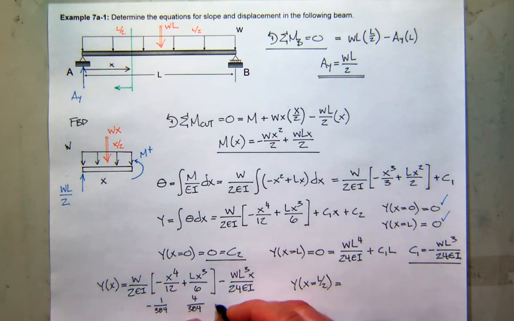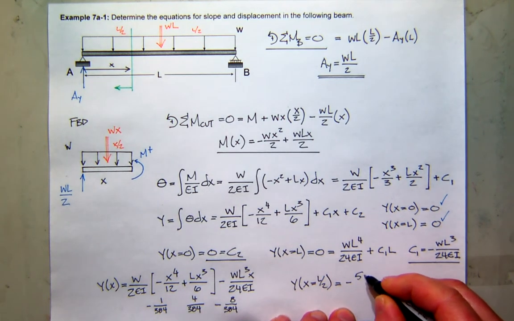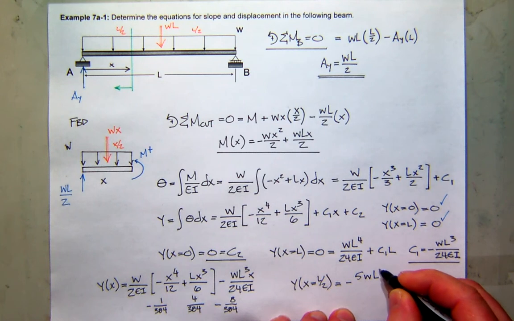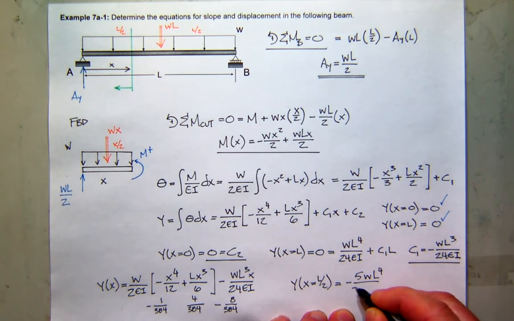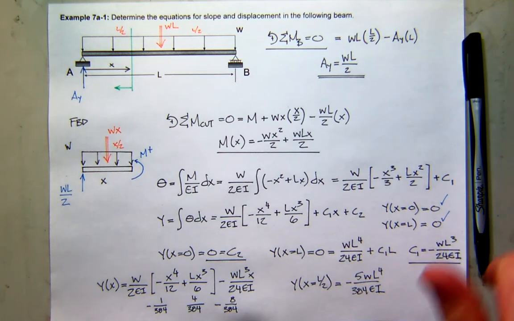So this becomes then minus 8 384ths. So you add all that up, and what do you get? Minus 5 384ths. So I think this is going to be negative 5 WL to the 4th over 384 EI. I think. Does that seem reasonable?